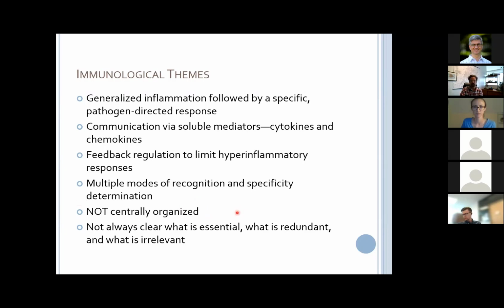A really critical idea that I think is hard for a lot of immunologists to wrap their heads around is that the immune system is not centrally organized. And so while we often talk about teleology with the immune system and what it's trying to accomplish, it is the evolutionary consequence of a number of different independent systems, many of which evolved out of other-purpose tissues.